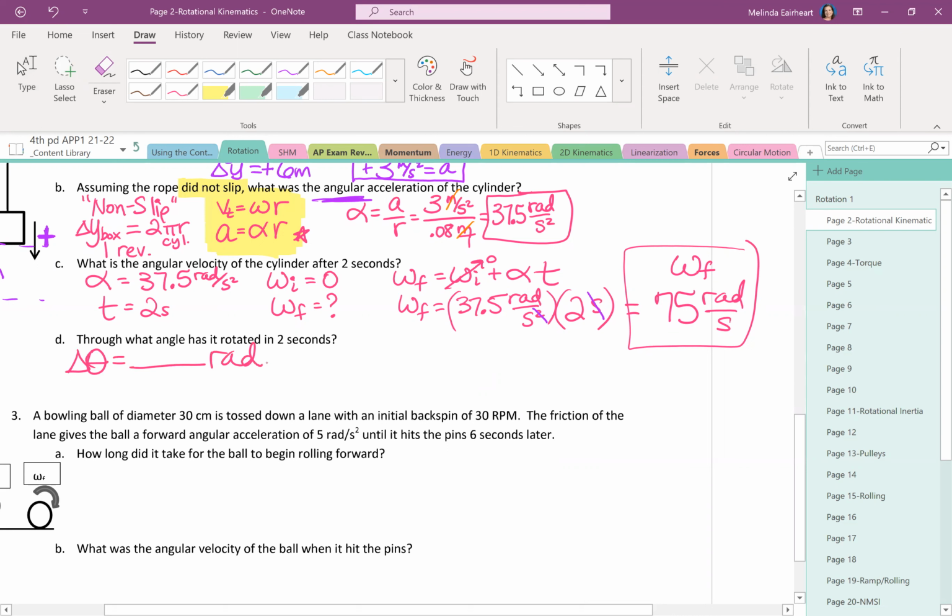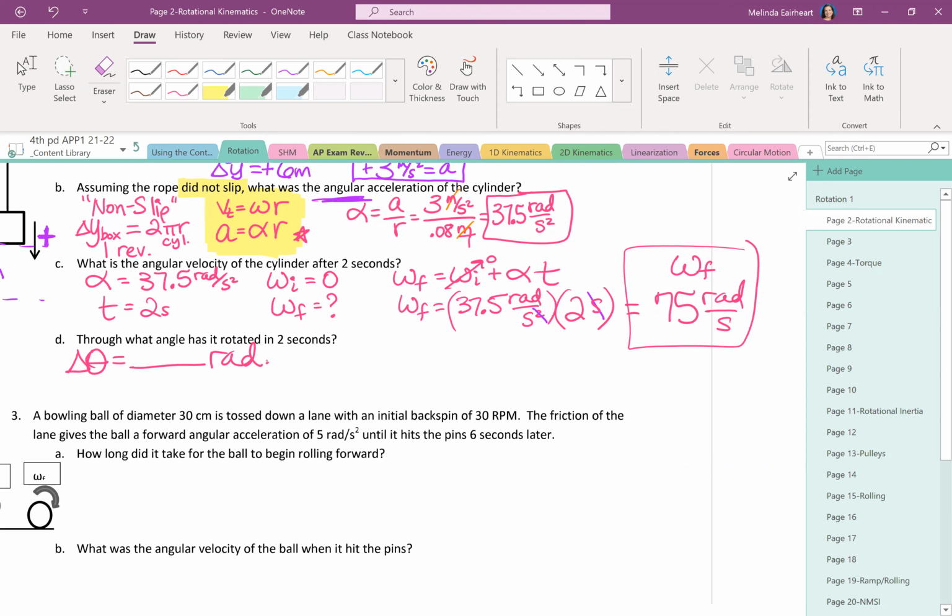If you want to convert that to degrees, you could, but you can just at minimum solve here. And so how many radians? What's the angular displacement that it rotates in 2 seconds? And so embracing our rotation, and it's the same time, so we can use the givens from above.